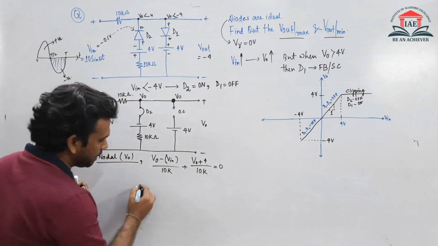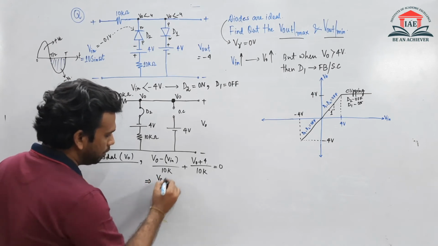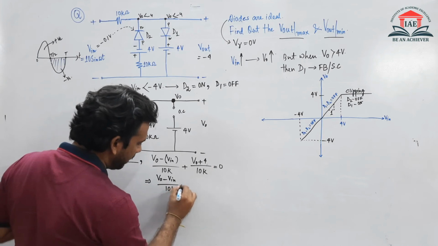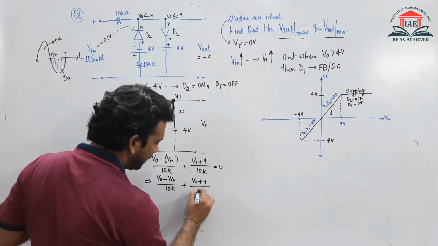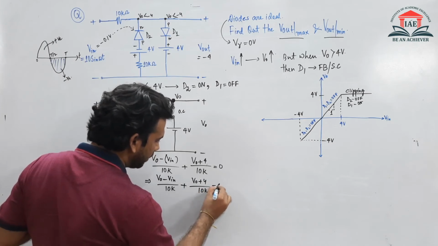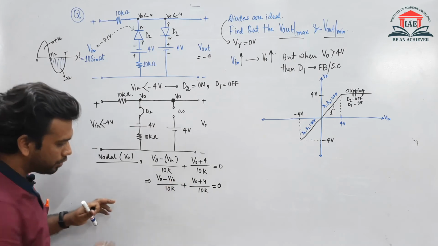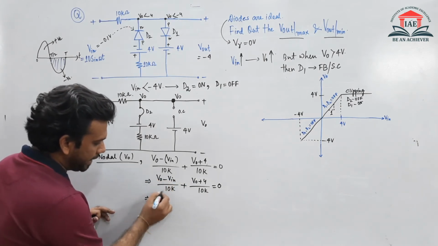So if we apply nodal, we will get this equation. So from this equation, what we can see that the V0 value, यहाँ पे मेरा इनपुट वोल्टेज, यहाँ पे मेरा 10 किलो ओम और ये वाला है मेरा V0 plus 4 divided by 10 kilo ohm. So from this equation we can calculate the value of V0. So what will be the value of V0? So from this you can see that V0 by 10k is there.